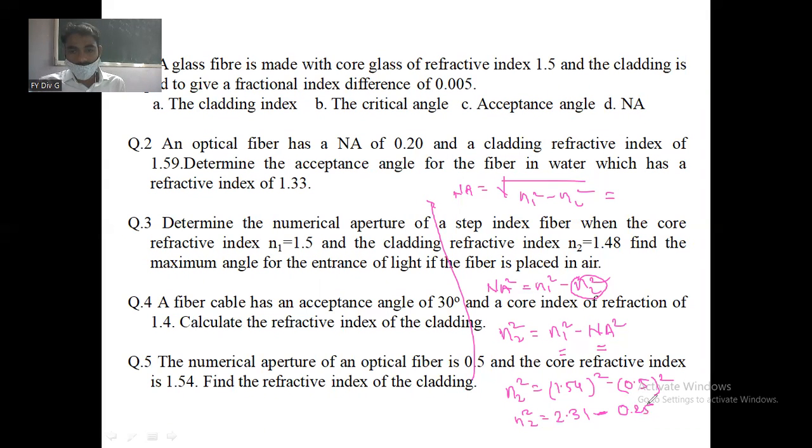So 2.31 minus 0.25 is 2.06... so N2 square is equal to 2.12. Do we need N2 square or only N2? N2. So N2 is equal to 1.45. Yes, very good.